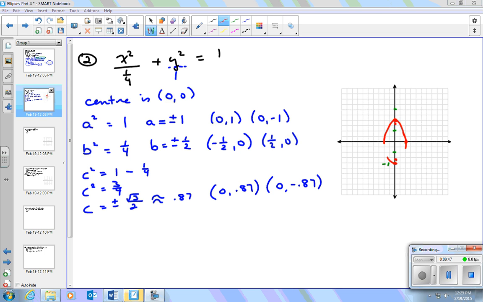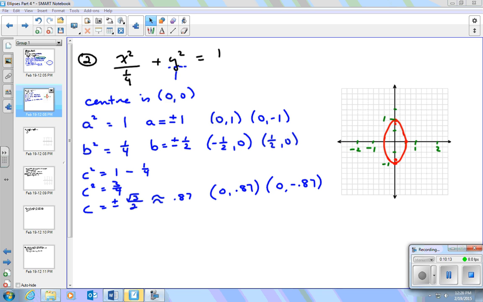Let me fill in the rest of my ellipse. I'm happy with the way I drew that, just not happy with the way I labeled my axes. This is 1 and 2 and -1, and -2. So this is 1 and -1, etc. So every 2 squares was a half. Okay?